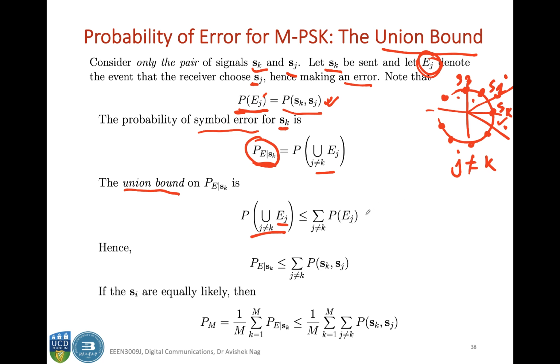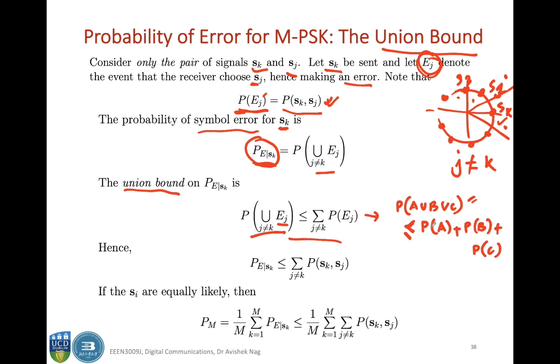This comes directly from the fact that the probability of A union B union C is less than or equal to P(A) plus P(B) plus P(C).